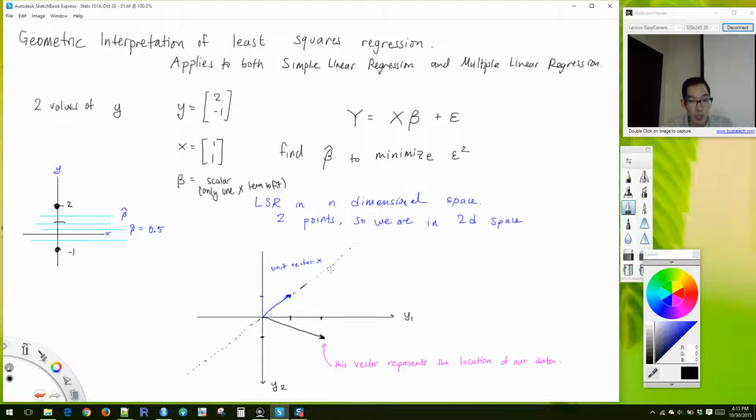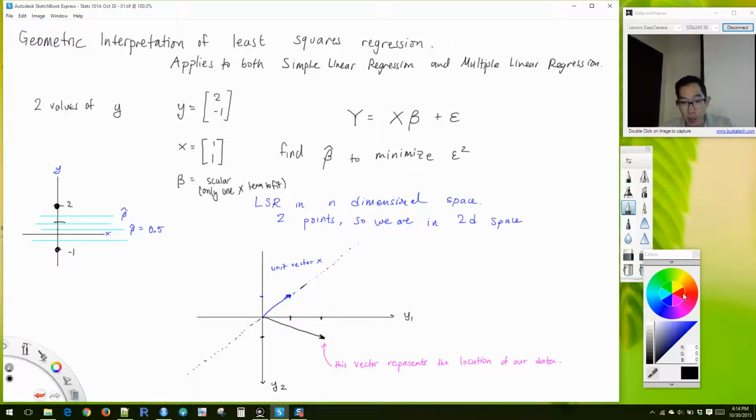And what we're trying to do is find the location on our x vector here that minimizes the distance to our data point.